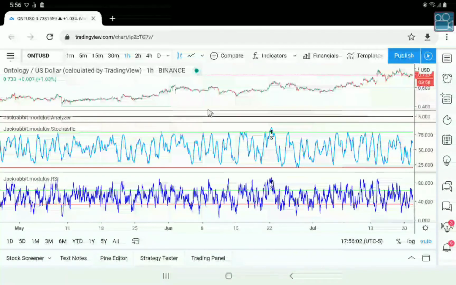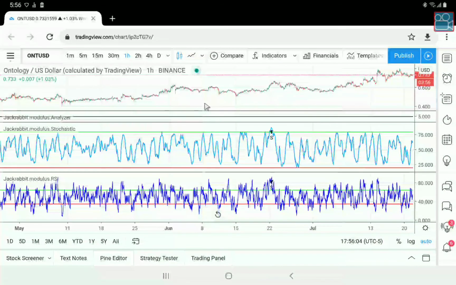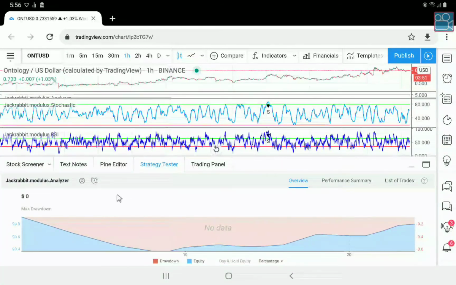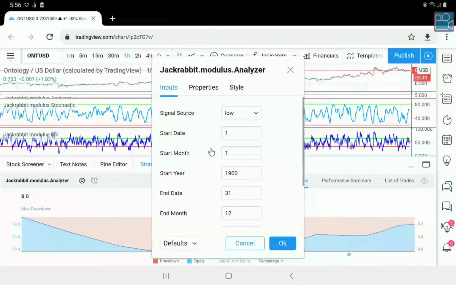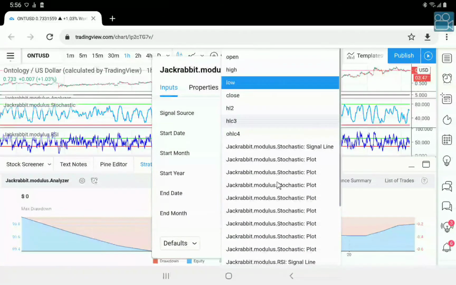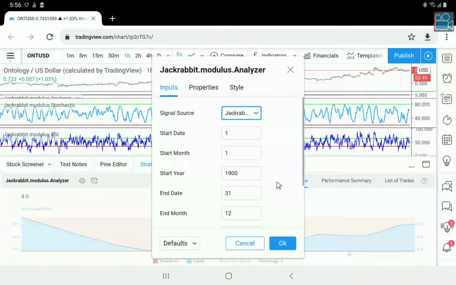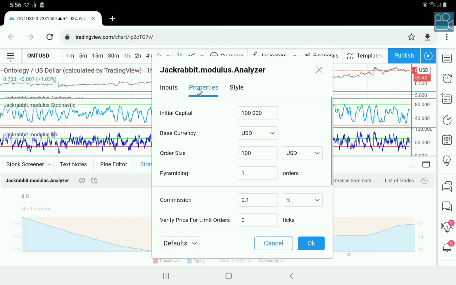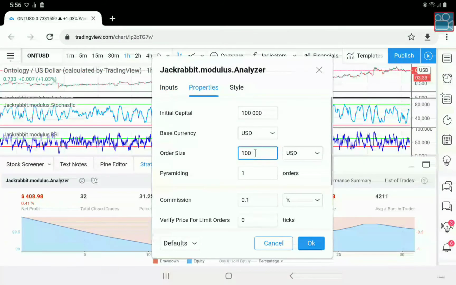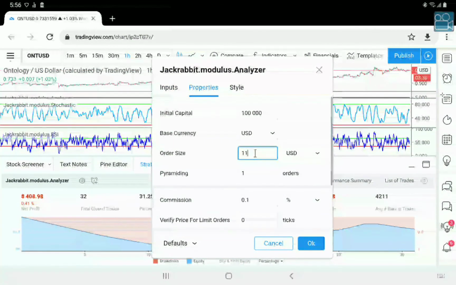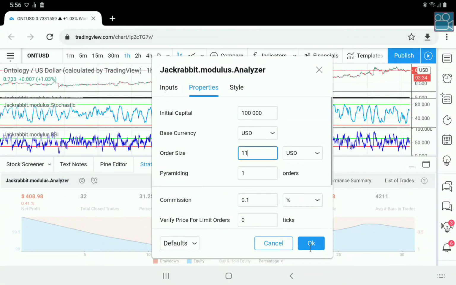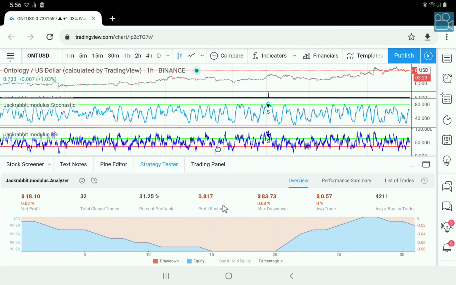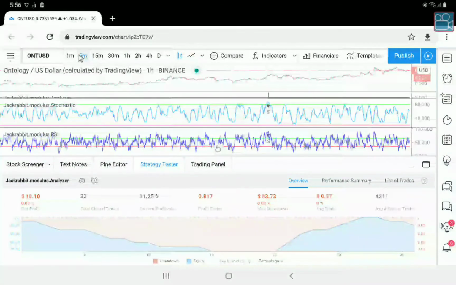Okay, it picked up this sell point there. Now let's raise this. And let's attach this to the RSI. And let's make sure we're at $11. Okay, let's go down to the 5-minute time frame.